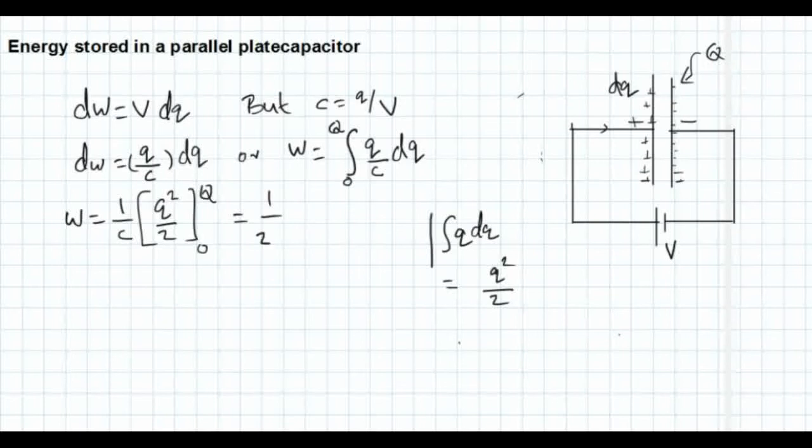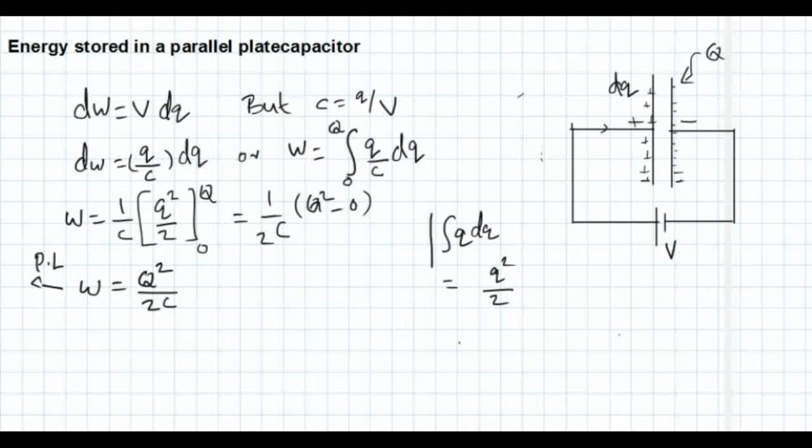All of us know how to perform this integration. Therefore it is 1 by 2C into Q square minus 0, which is nothing but Q square by 2C. So this is the work done to charge the capacitor from 0 to a maximum value of Q.